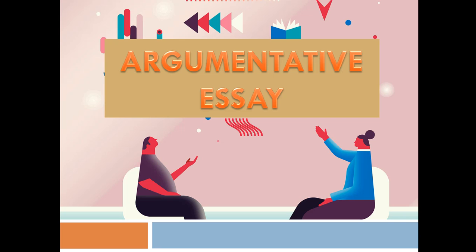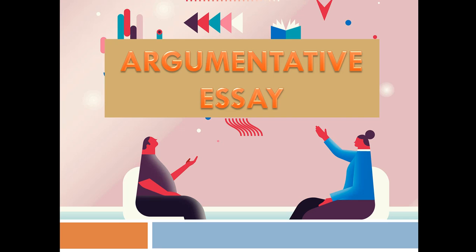Now, the word argumentative comes from the word argument. And what's an argument? An argument is when you and another person have different points of view on a certain topic. So you start to argue. You think that your point of view is the right one, and he or she thinks that their point of view is the right one.